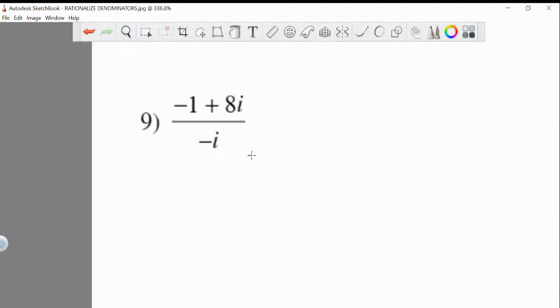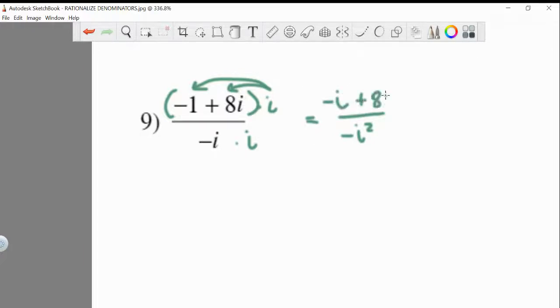Let's do number 9. Same problem. Times I, times I. We need to distribute the I on top. On bottom, we're going to get negative I squared. On top, we're going to get negative I plus 8I squared. Both of these are going to get swapped up. And so when I'm done, this is going to be negative 8, but let's put that first.